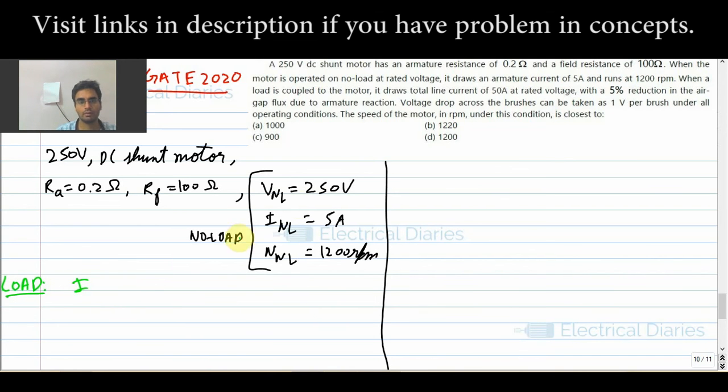Always remember, before it was the armature current, and here it is saying I line, and this is a shunt motor, as 50 amps at rated voltage, 250 volts, with a 5% reduction in air gap flux due to armature reaction.